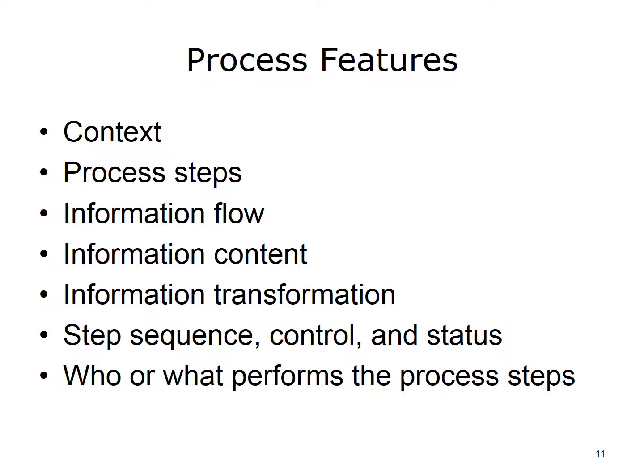The 7 important process aspects are context, process steps, information flow, information content, information transformation, sequence and other control, and who or what role performs the step.